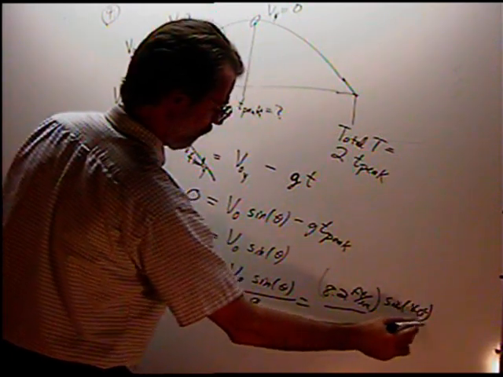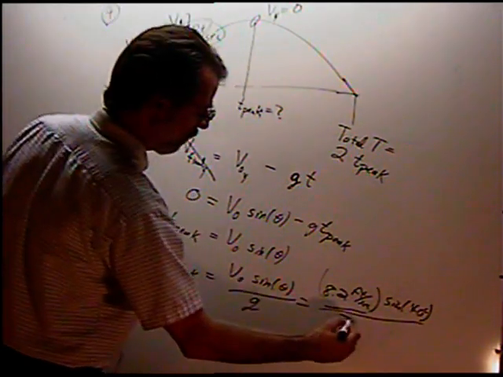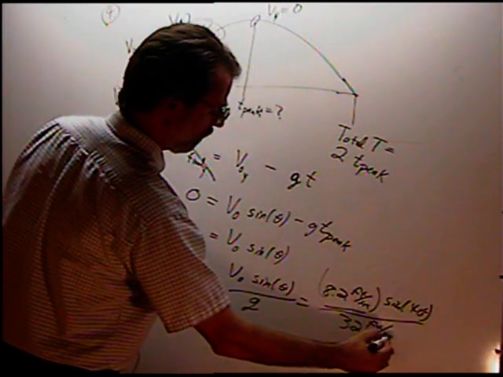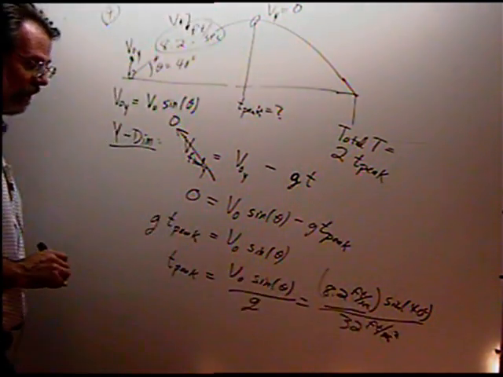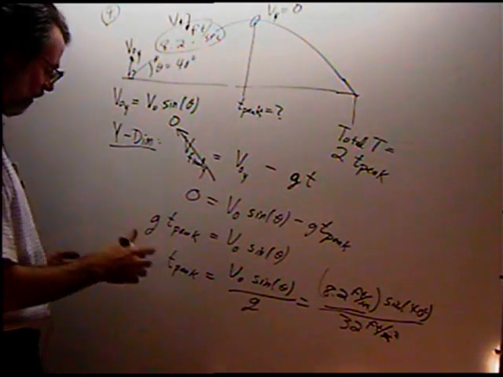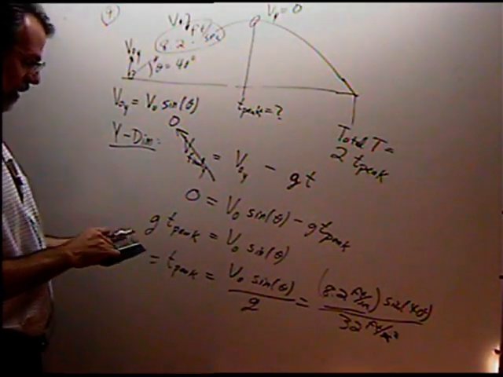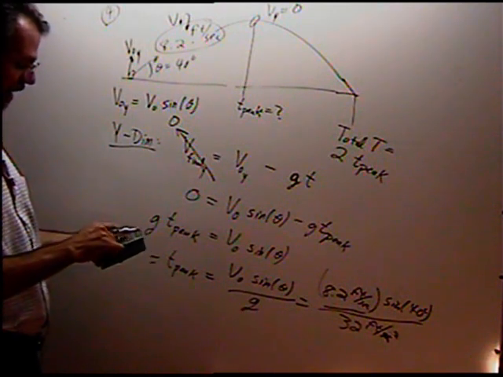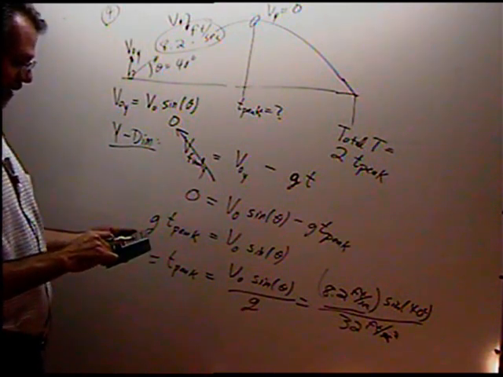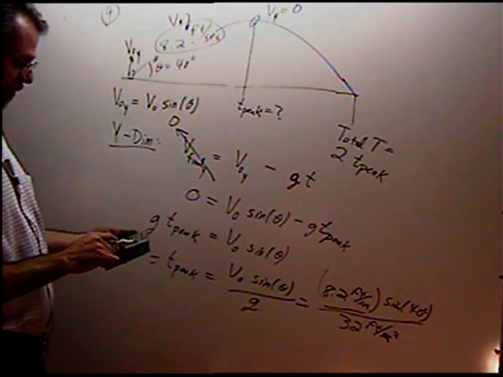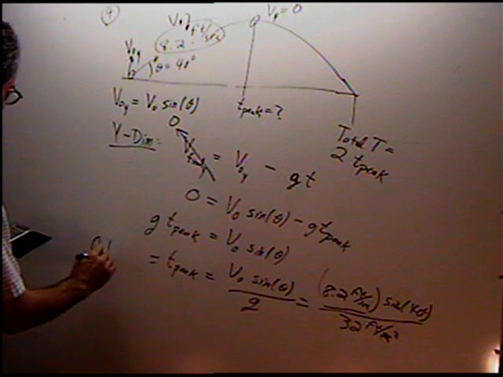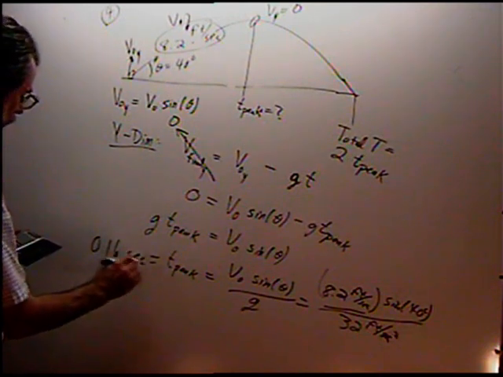I'm writing kind of quickly here. Now g here is 32 feet per second squared. I hope you can see that. And if I plug that number in, sine of 40 times 8.2 divided by 32, I get 0.16 seconds.